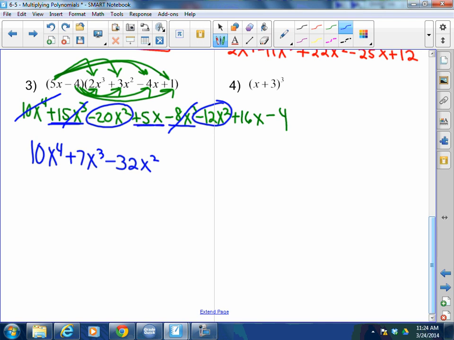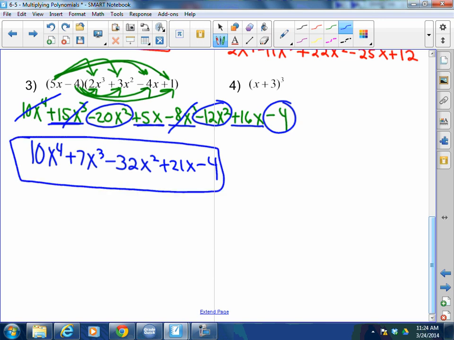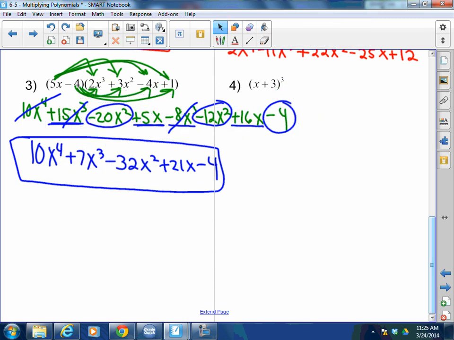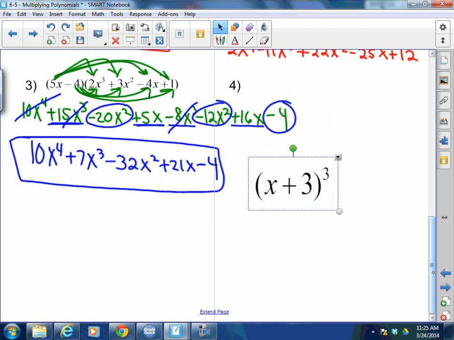Then I have a 5x and a 16x, which is 21x. And then I have my negative 4. Does everyone see this? Now, yes, it's a little bit long. I understand and respect that. However, that's the way it goes. It's not difficult.